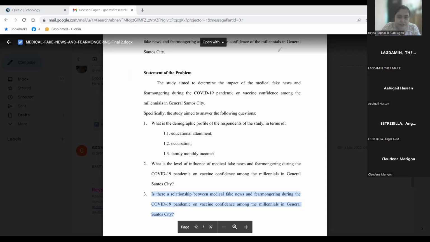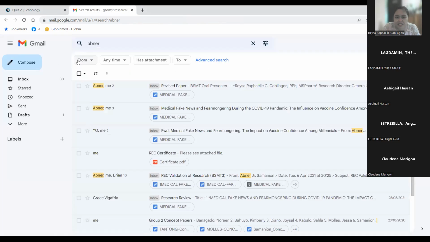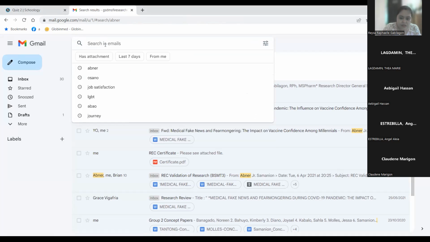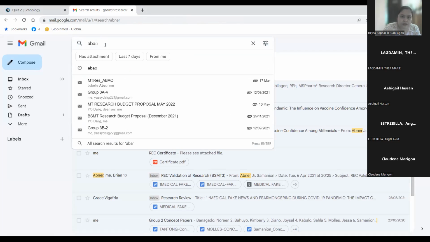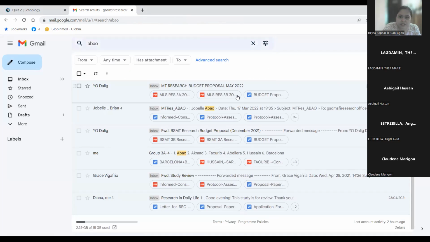Okay? So that is their statement of the problem. Let's try to look for other examples. But these are drafts, okay? This is not actually the final paper. Let's just have examples of medtech research.